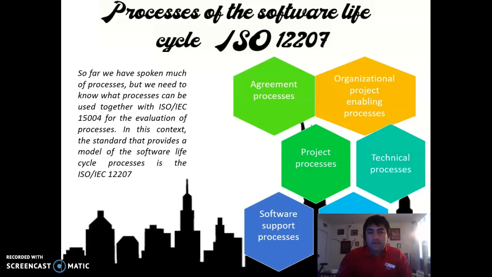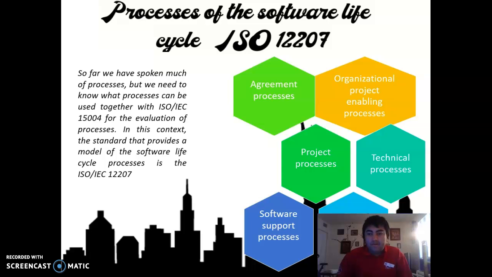We also have the software life cycle processes of ISO 12207. So we have spoken much about processes, but we need to know what processes can be used together. We can use combined processes. This one is the ISO 15504 for the evaluation of processes. In this context, the standard that provides models of the software life cycle processes is ISO/IEC 12207, so it works both together.